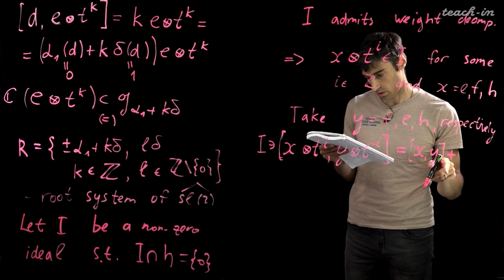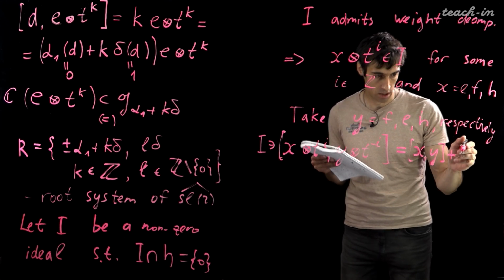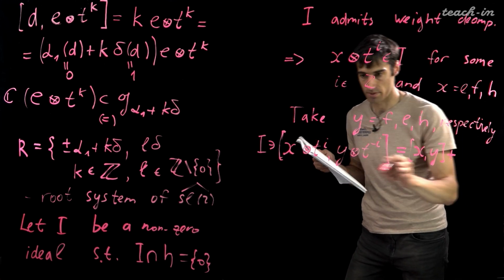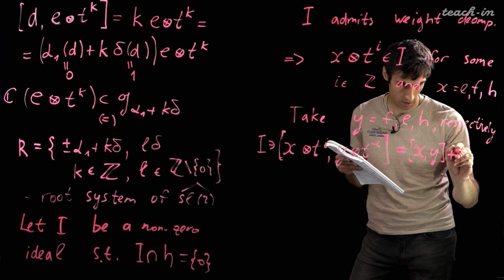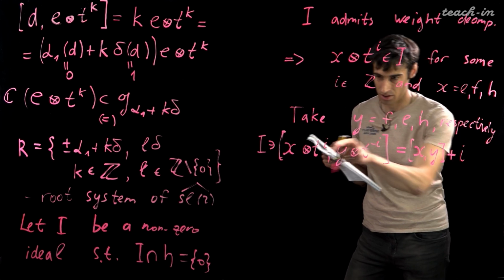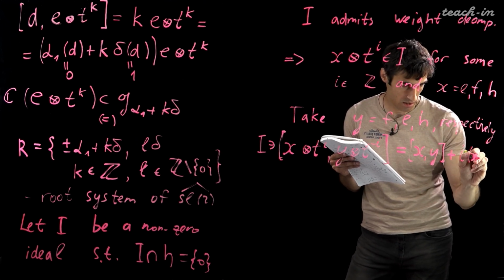What is this something? It is psi of x y, and psi of x y, according to the formula for psi, is given by i times the trace form of x y, times c. So this i is not the imaginary unit, it's the i that I have here.